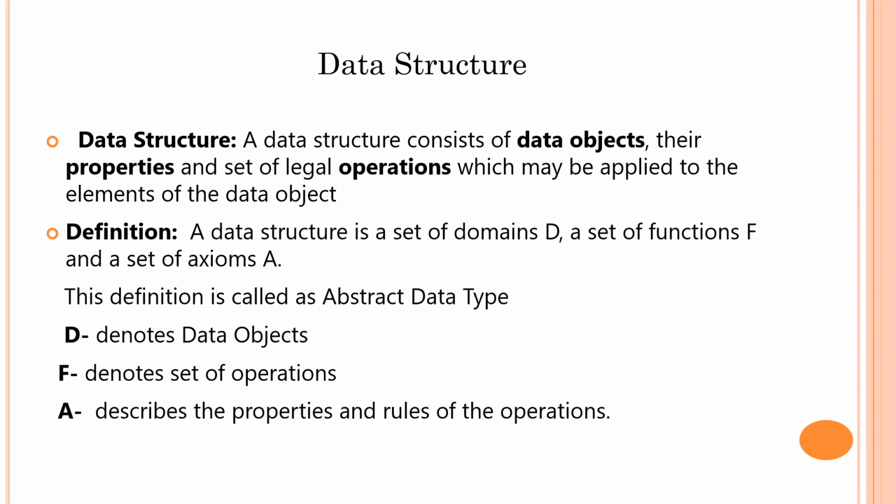Data objects are nothing but the set of elements. F denotes the set of operations which we are going to perform on the data objects. And capital A describes the properties and rules of the operations which we are going to perform on the data objects.